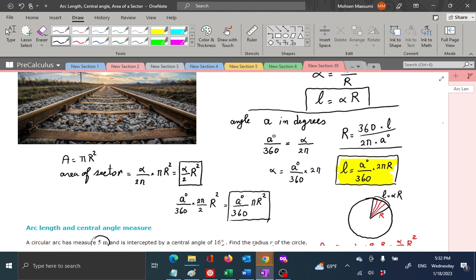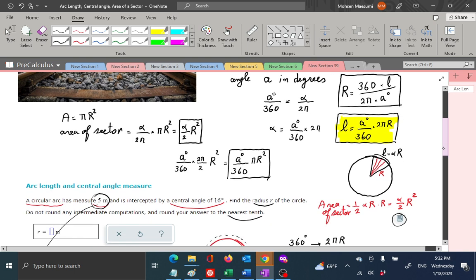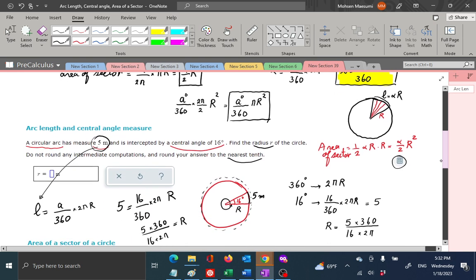So if you want to calculate the radius, you turn the formula around. It's better to just have the reasoning in your mind and one of the formulas at most, and then derive whatever you need later on. So either way, that would be fine.